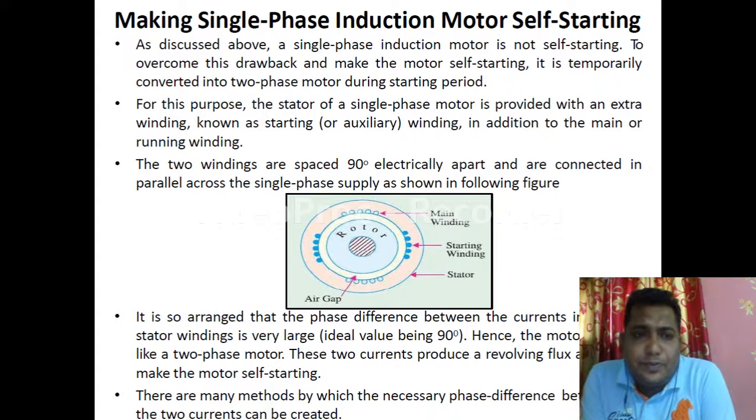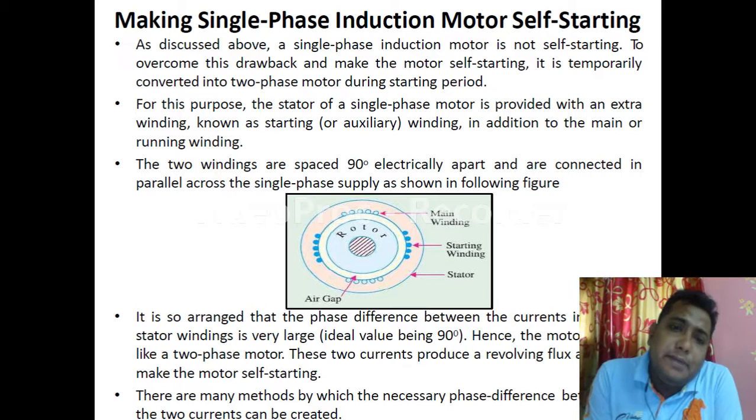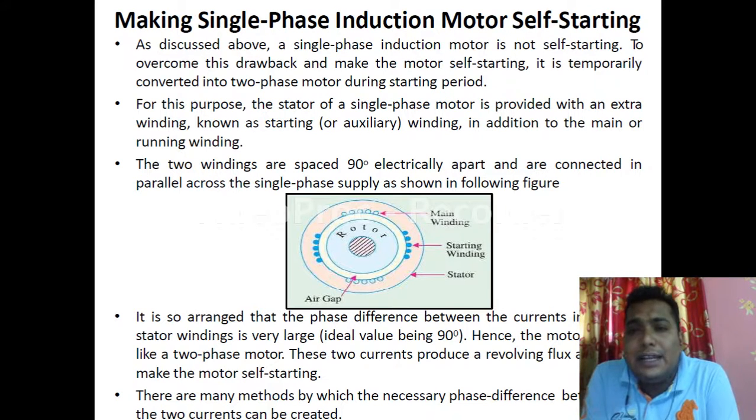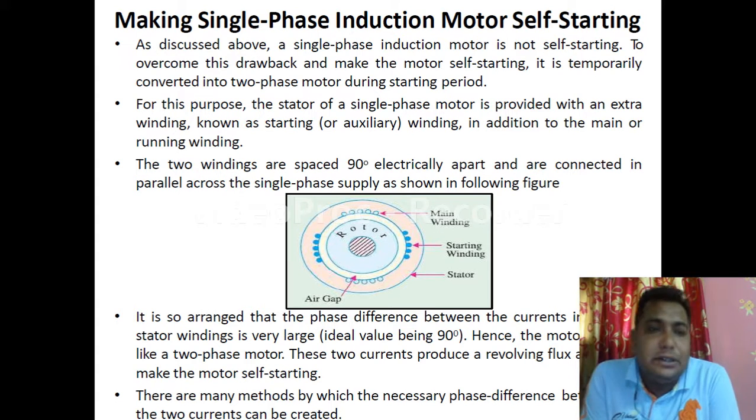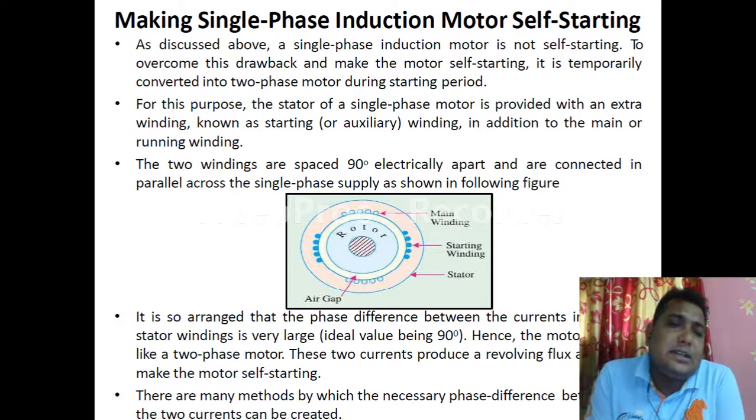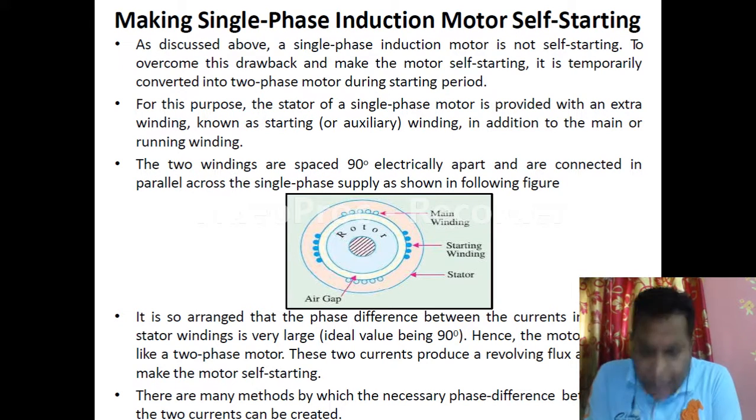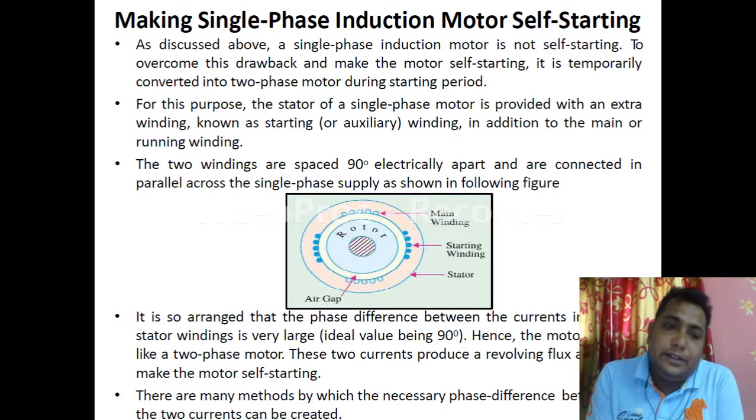A single phase induction motor is not self-starting. To overcome this drawback and make the motor self-starting, it is temporarily converted into a two-phase motor during starting. So the method is basically the split phase method. For that purpose, the stator of a single phase induction motor is provided with an extra winding known as the starting or auxiliary winding in addition to the main or running winding.